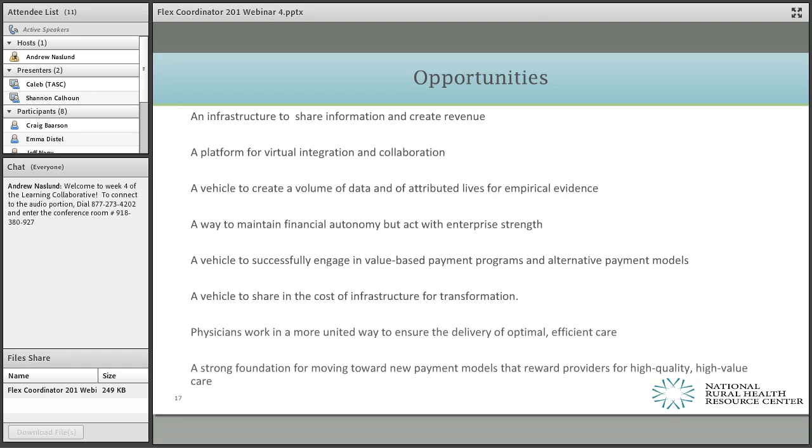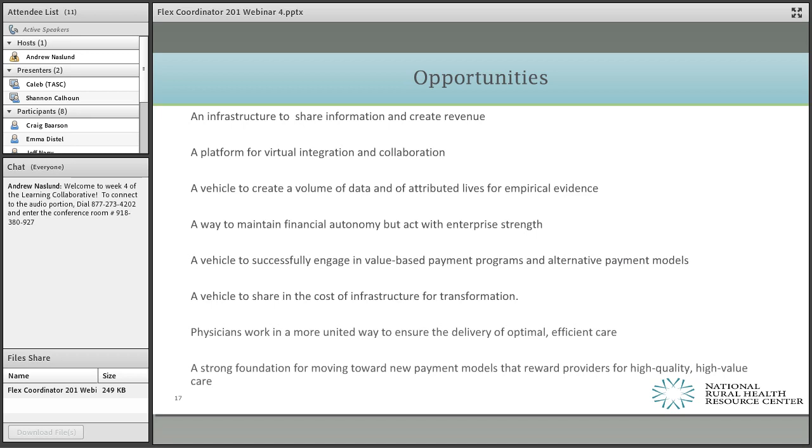Those are virtual. They're not necessarily specific to a region or contiguous group of providers, and it's definitely a defined group of collaboration. But the platform that was created under the ACO, very similar and aligned with clinically integrated networks, gave the chance for that to happen.